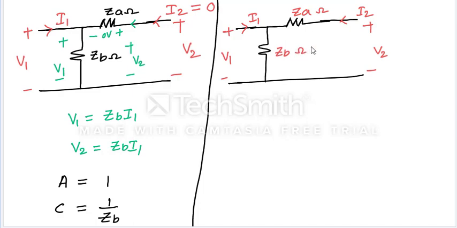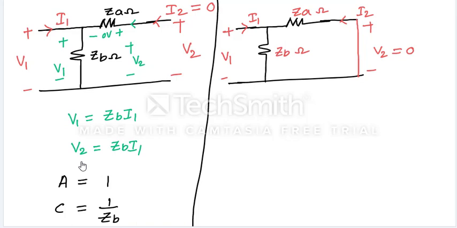All are ohms only. To get B and D we need to make V2 equal to 0. So V2 equal to 0, this is shorted.